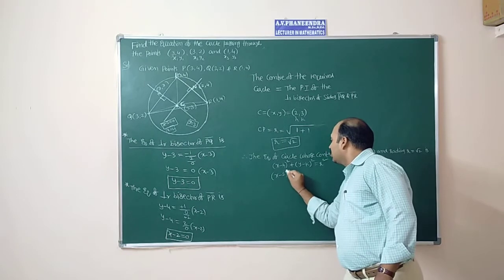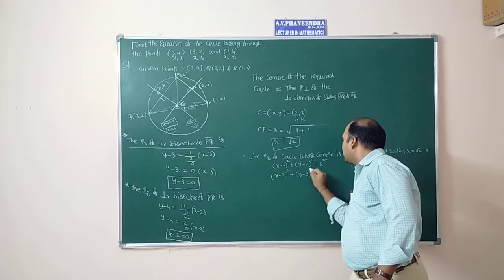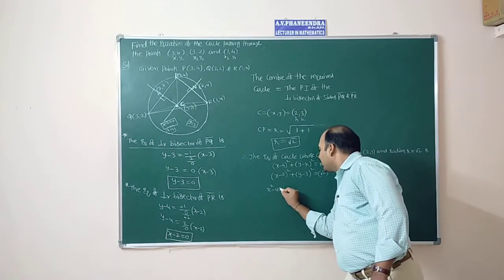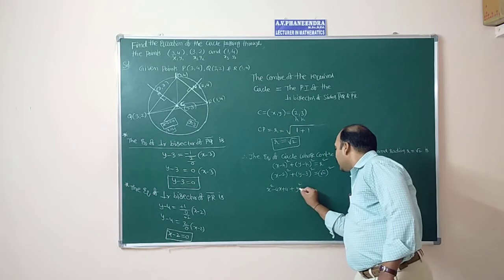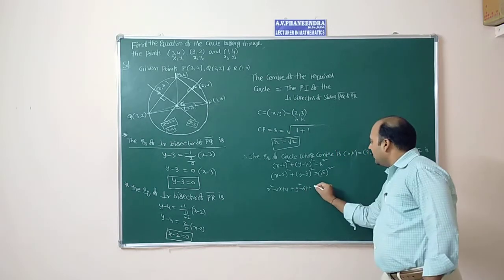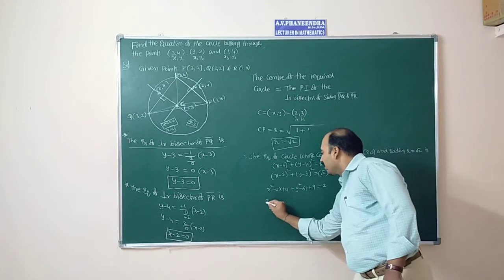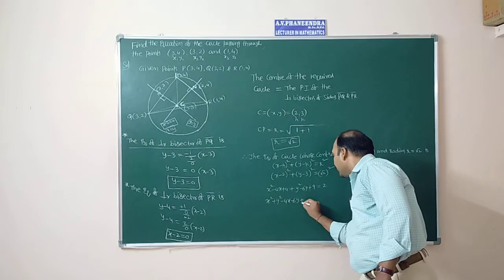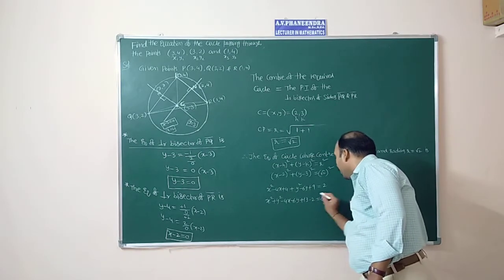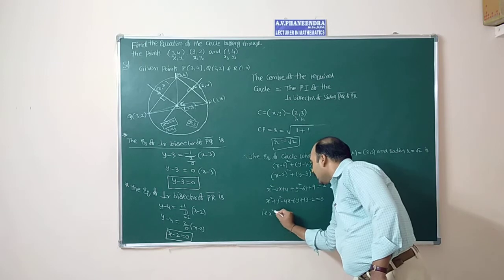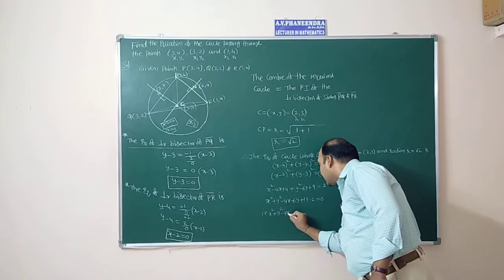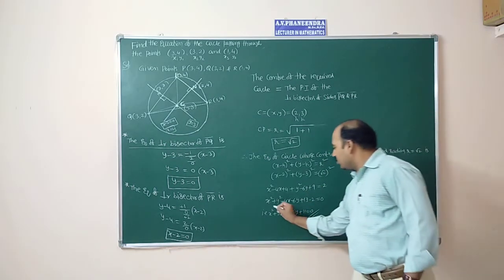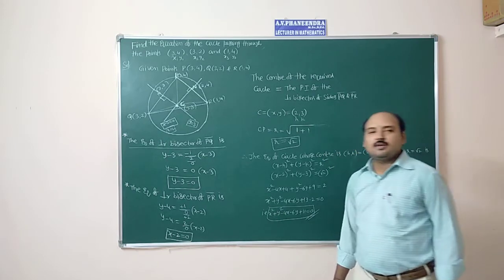Now (x minus 2) whole square plus (y minus 3) whole square equal to root 2 whole square. x square minus 4x plus 4, y square minus 6y plus 9 equal to 2. So x square plus y square minus 4x minus 6y plus 13 minus 2 equal to 0. That is x square plus y square minus 4x minus 6y plus 11 equal to 0. This is the required equation of the circle in method 4.